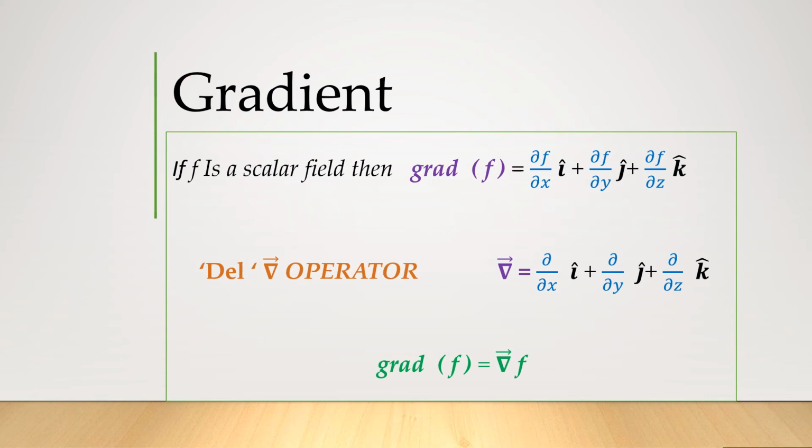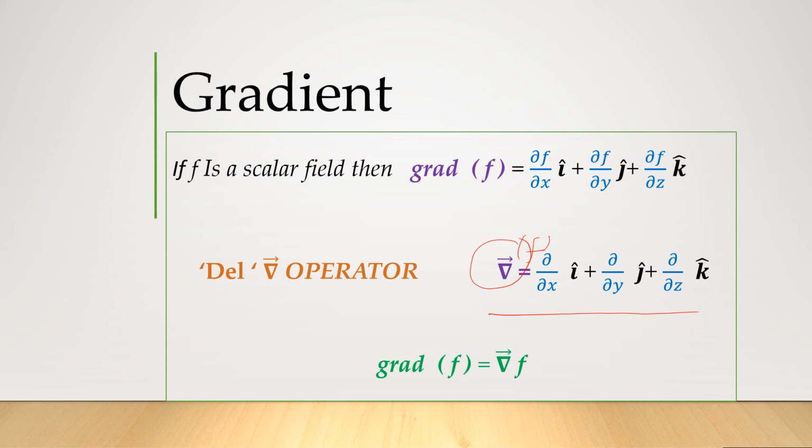If we define another operator like this and denote it by this symbol called del, that is called the del operator, it will be very convenient for future purposes. This is an operator, and without writing what it is to be operated on, it is incomplete. But this operator tells that I should partially differentiate with respect to x, then multiply by i cap.